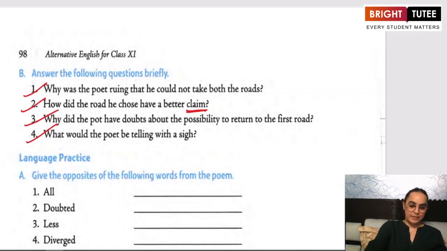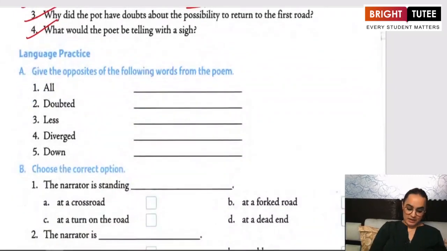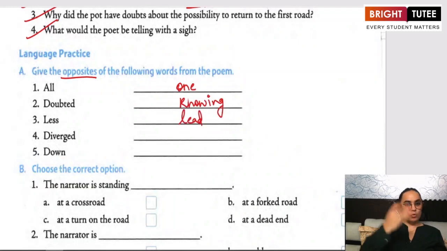Give the opposites of the following words from the poem. So all is one, doubted is knowing, less is more, lead is move ahead, diverged is equally lay.